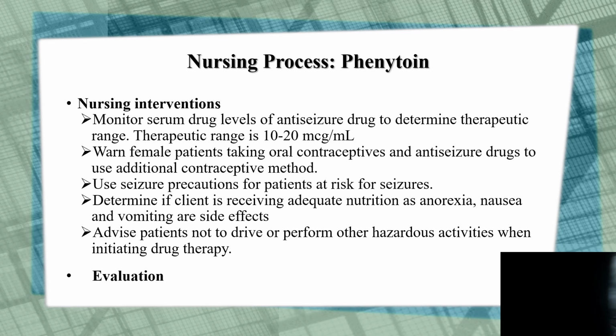So the only way you're going to know if the serum drug level is at the therapeutic range is to do lab draws. You want to warn the female because it decreases the effectiveness of oral contraceptives, so that they can use another backup method or another contraceptive.